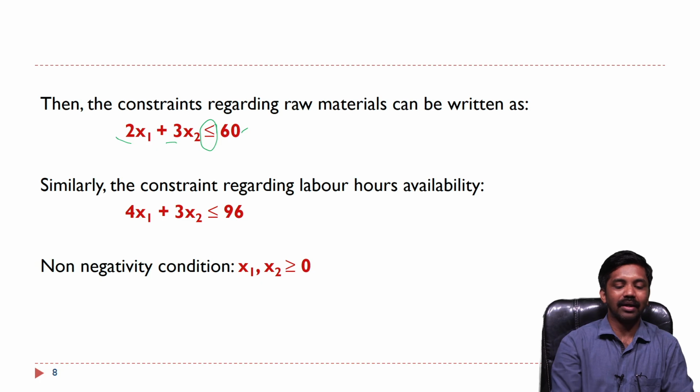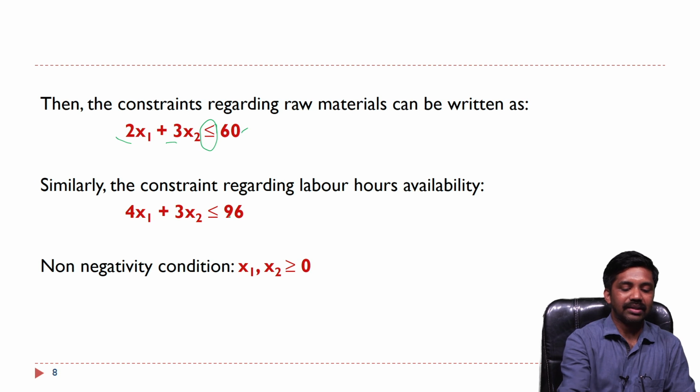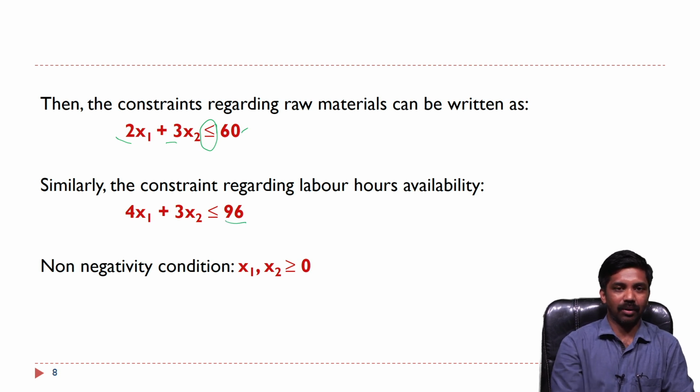In the same way I can make the constraint regarding the labor hours availability. In the question it was given that only 96 hours of labor is available, so that will come to the right hand side of our constraint. Labor availability is 96. Either I can use the full 96 labor hours or less than that, because the question does not strictly say that the entire amount must be utilized.